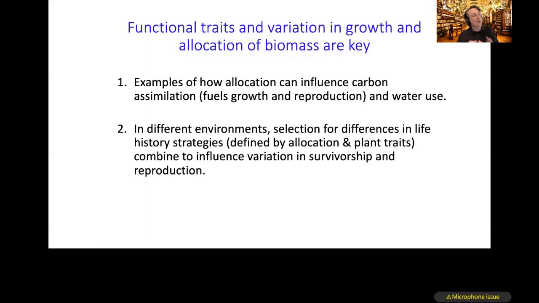Depending on the environment, natural selection is going to come up with different strategies to deal with that environment. And it's only those strategies that can persist into the next generation. Those are the strategies that we see today. Strategies that fail are no longer with us. We don't see the ones that fail because they go extinct. And the winning strategy is passed on.